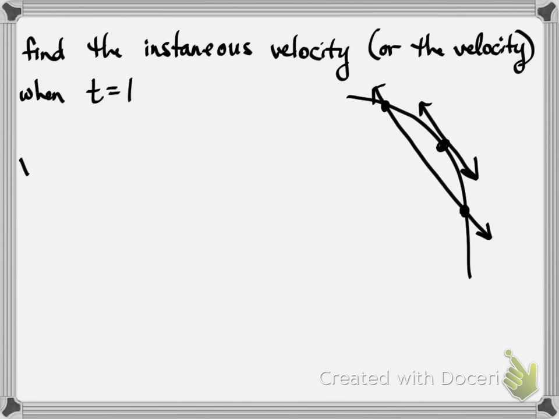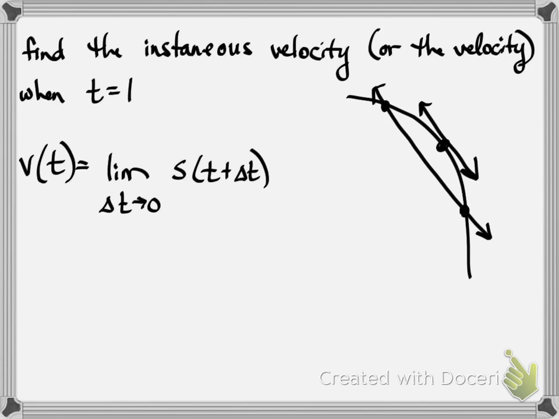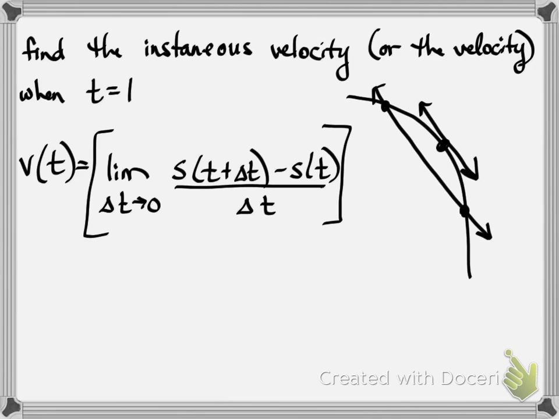So the instantaneous velocity, or the v of t, just the velocity, could be found by doing the limit as delta t approaches 0 of s of t plus delta t minus s of t, all over delta t. Well, we know that when we did this limit process, we said we were finding the slope of the tangent line, and then we learned that it was also the derivative.